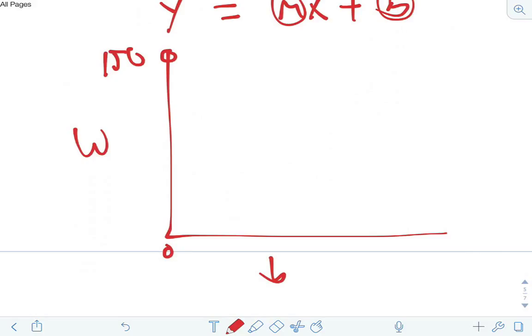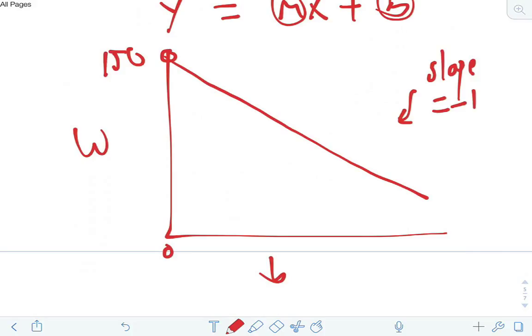We have this equation with slope equal to minus 1, and we have our other equation, which is going to start somewhere around here. It has a lesser slope.